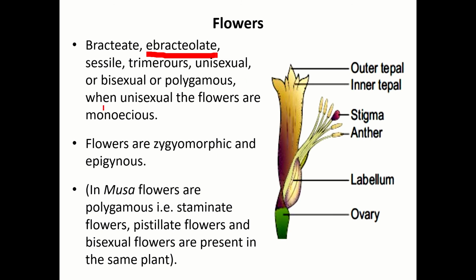When unisexual, the flowers are monoecious. Please note this. Flowers are zygomorphic and epigynous. In Musa, the flowers are polygamous, that is, staminate flowers, pistillate flowers, and bisexual flowers are present in the same plant. All right.